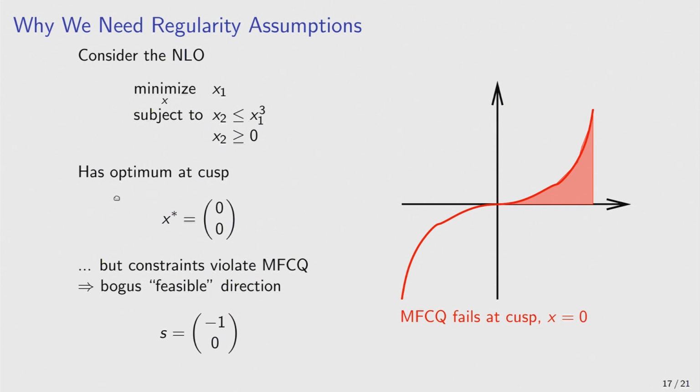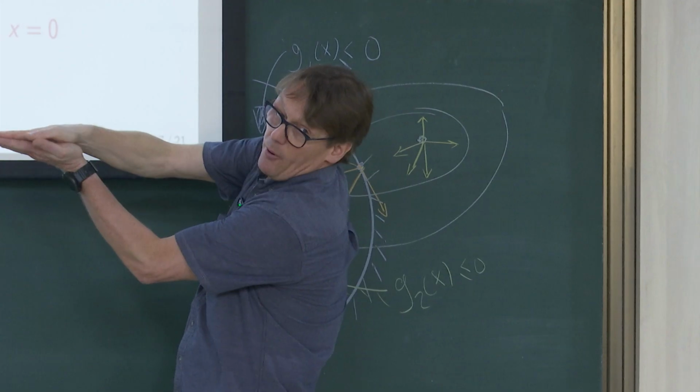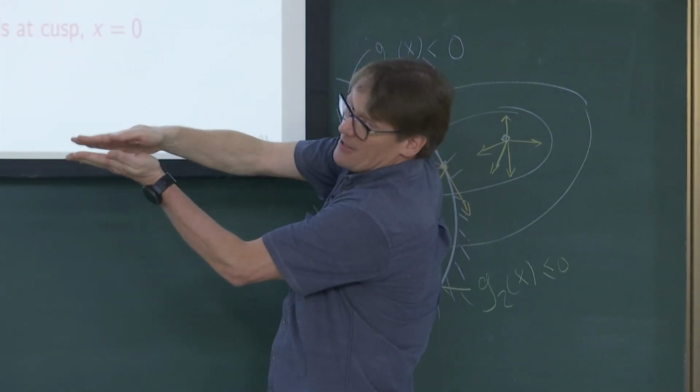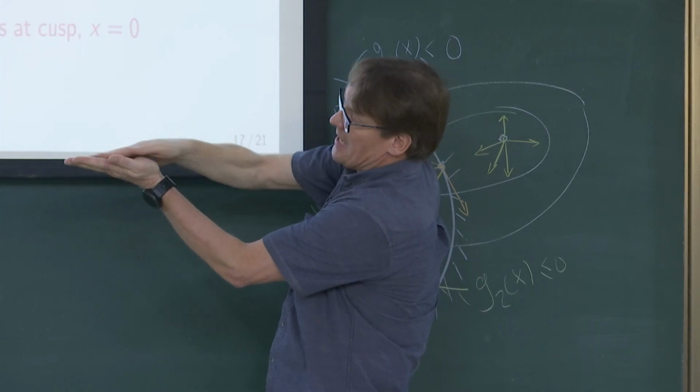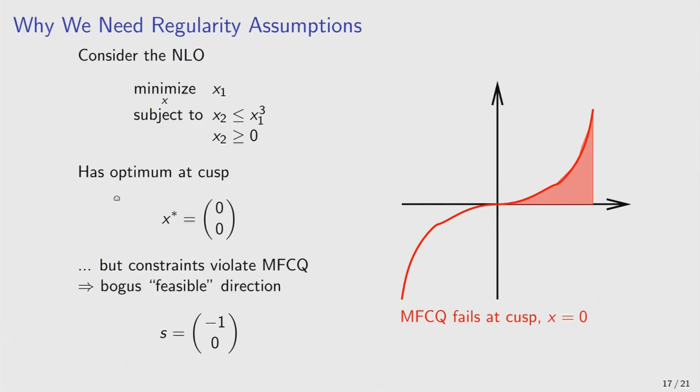And in fact, there is this bogus feasible direction because the two directions collapse and point in the same direction that you would get out of those two constraint normals. There's this bogus direction towards minus infinity that pretends there is a feasible direction. And so because our constraint qualification is violated here, we have this bogus direction that's not really feasible.